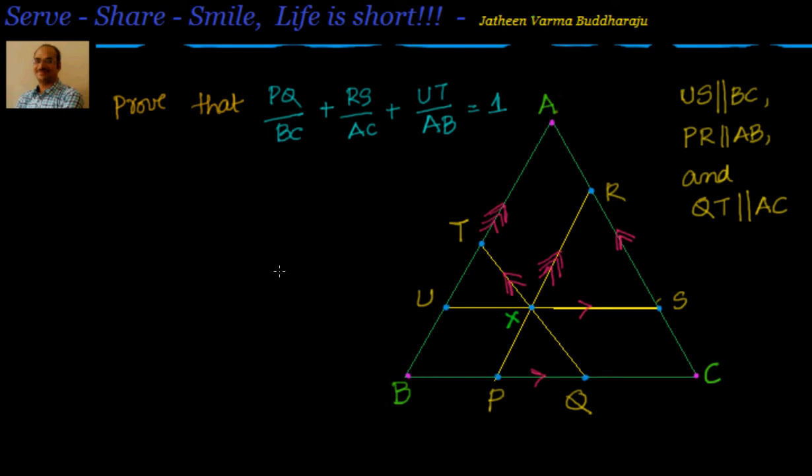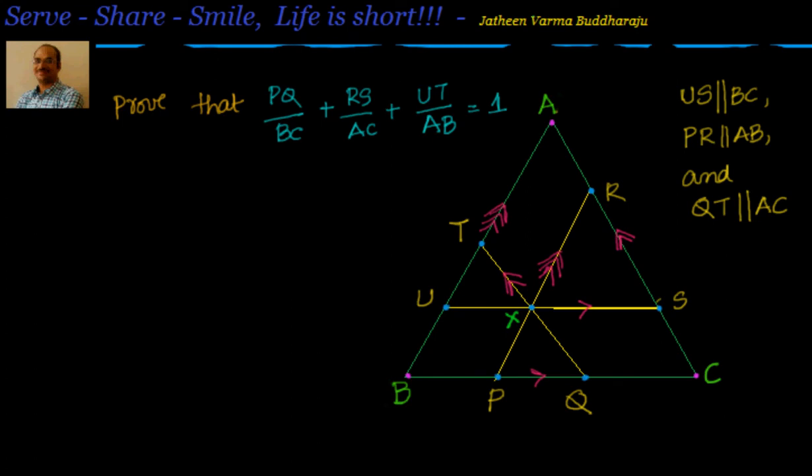So this is the information given to us, and we have been asked to prove that PQ by BC plus RS by AC plus UT by AB is equal to 1.